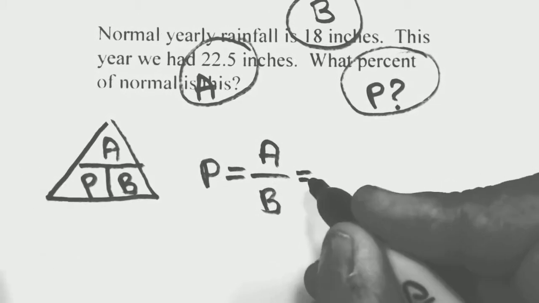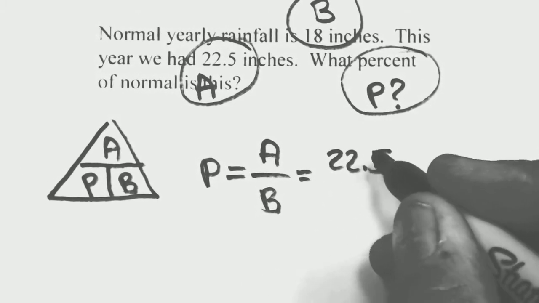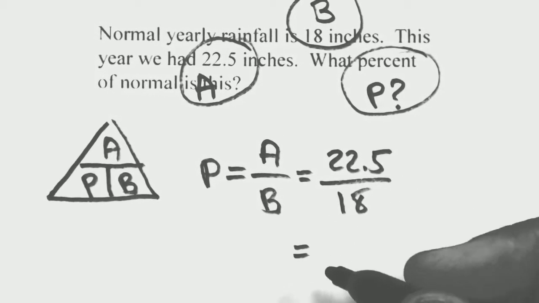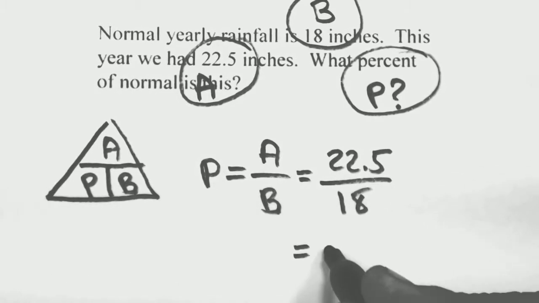What have we got? 22.5 is the amount over 18. Okay, well, again, let's get our calculator to see what we've got here. 22.5. Remember, we said we better get ourselves more than 100% here. And what do I come up with?